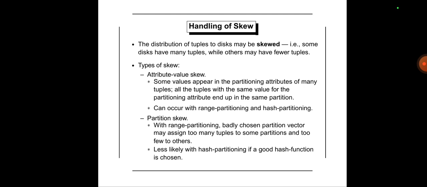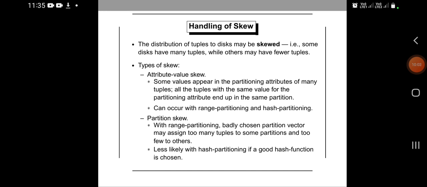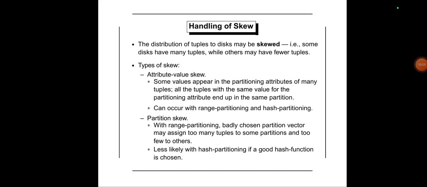The distribution of tuples across disks may be skewed, that is, some disks have many tuples while others may have fewer tuples. Types of skew: attribute value skew and partition skew. Attribute value skew means some values appear in the partitioning attribute of many tuples.